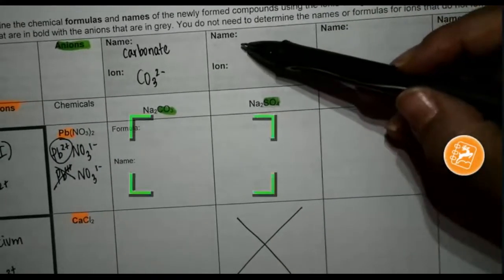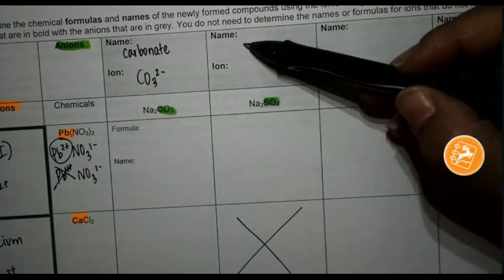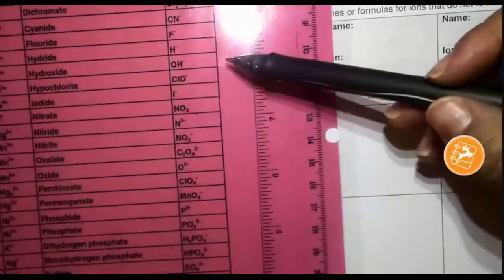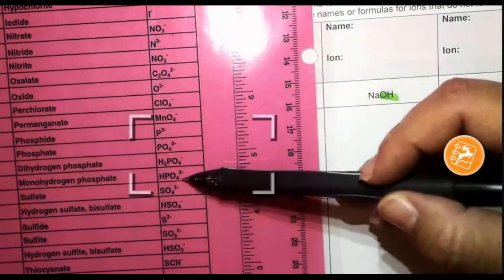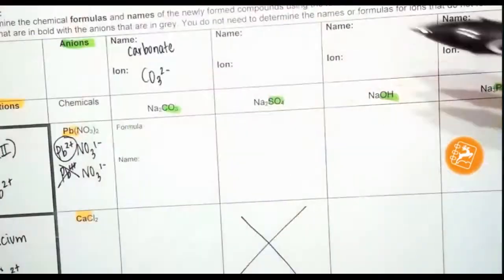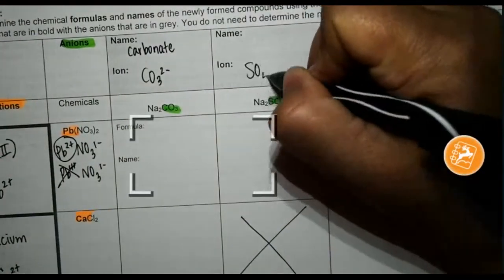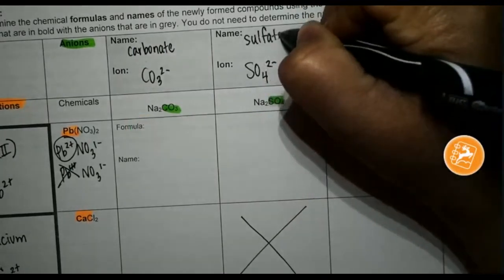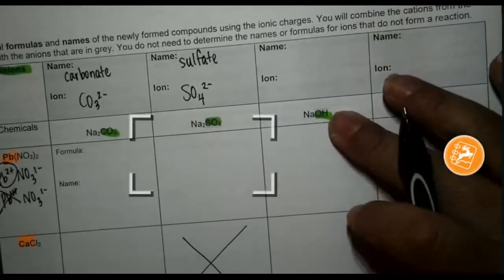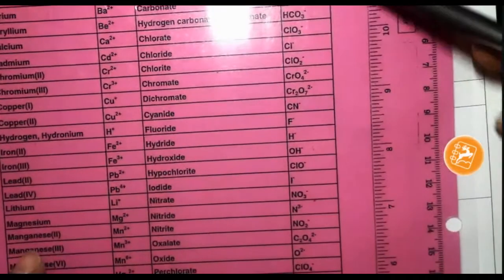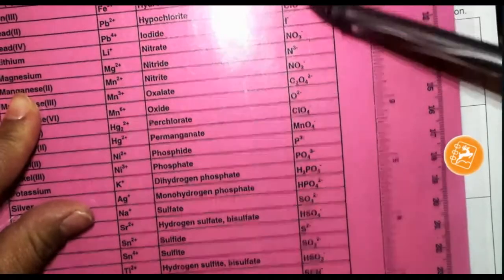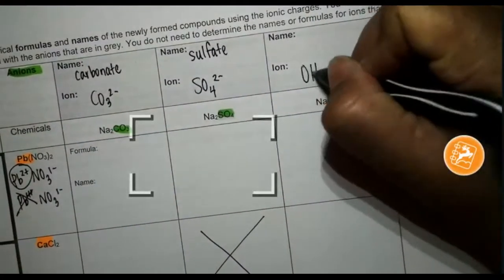This one here, I gotta look at what SO4 is. SO4 here is sulfate, SO4 2 minus. Over here, OH is hydroxide, OH 1 minus.